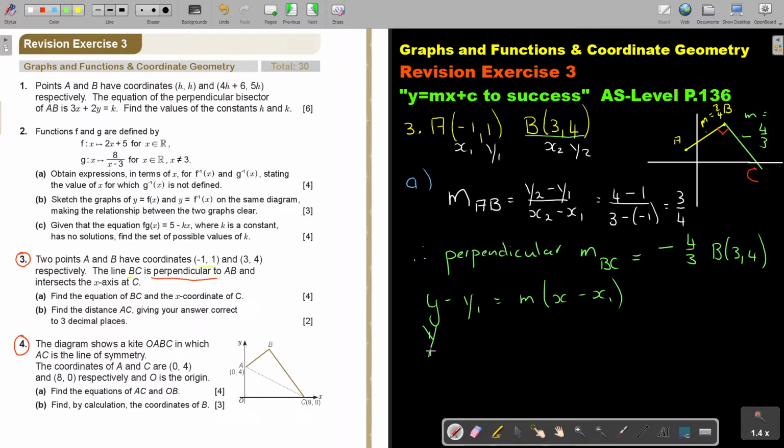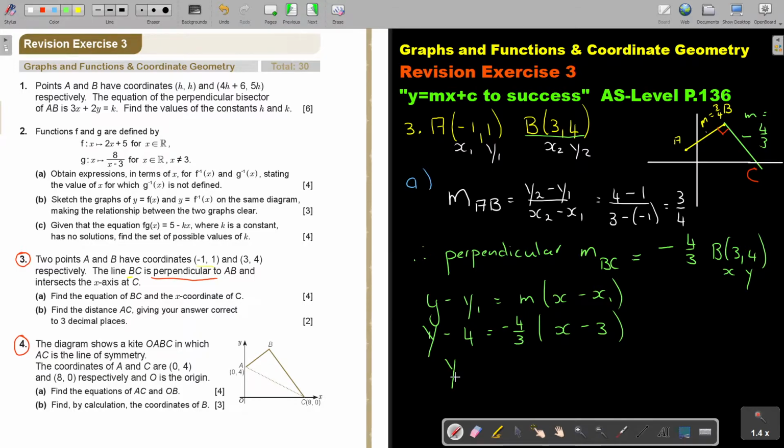So this is x, this is y. So y minus 4 equals m and x minus 3. Oh, I forgot to fill in m. There is m. So it's negative 4 over 3.